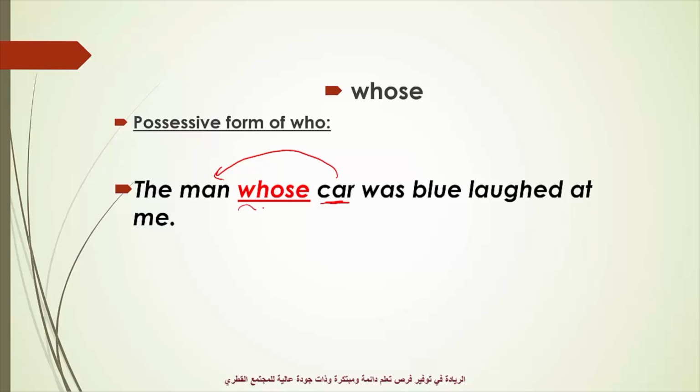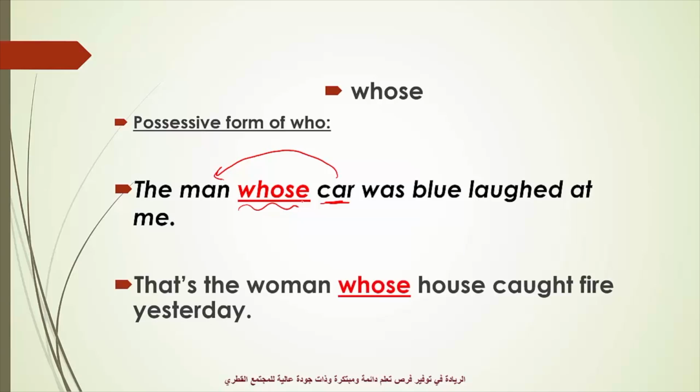So we use whose. Look at the second example. That's the woman whose house caught fire yesterday. Also in this example we have a house. Now this house belongs to a certain person, the woman, so we use whose. So whose is a possessive form of who.